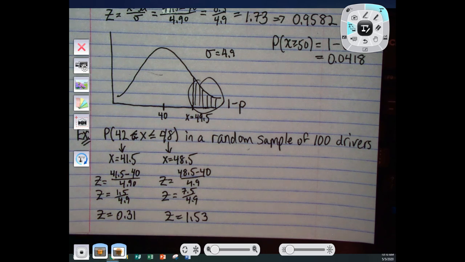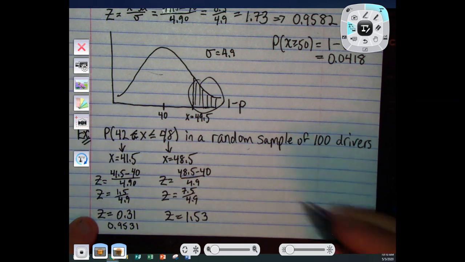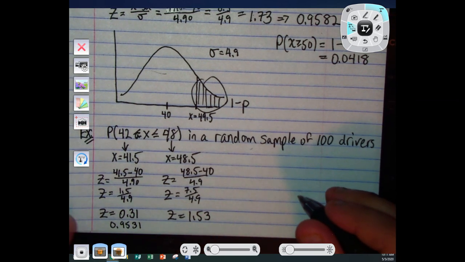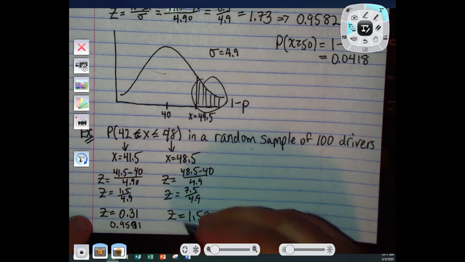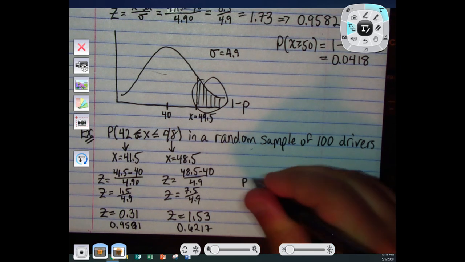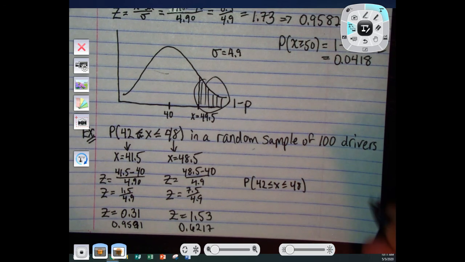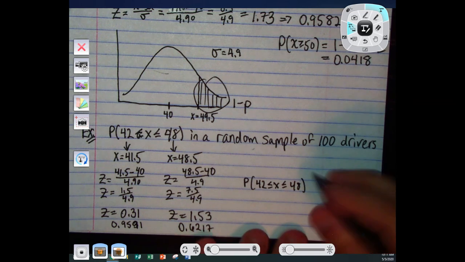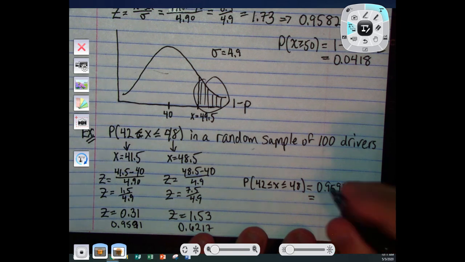When I go to look these up, the 0.31 probability is 0.6217, and the 1.73 probability is 0.9582. So to find the probability that anything would fall between 42 and 48, we subtract, and that gives us a probability of 0.3374.